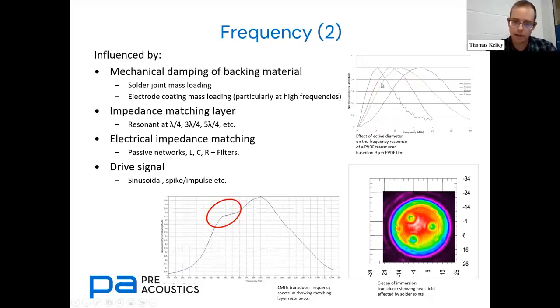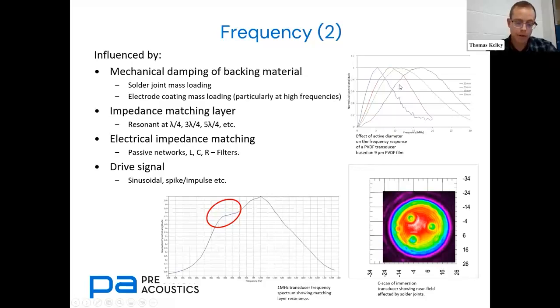As you can see up here on this set of graphs, some experimental data for otherwise identical sensors based on one thickness of PVDF film, we could get a center frequency of 5 megahertz with a 25 millimeter diameter, or a 15 to 20 megahertz center frequency with a 10 millimeter diameter.